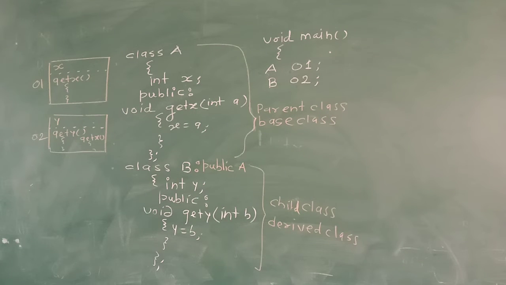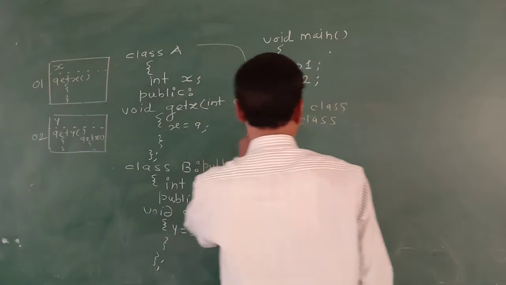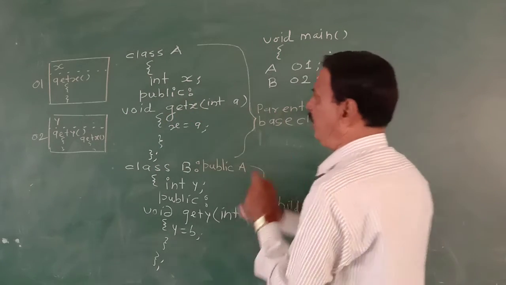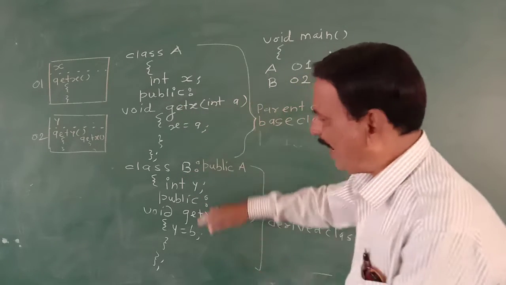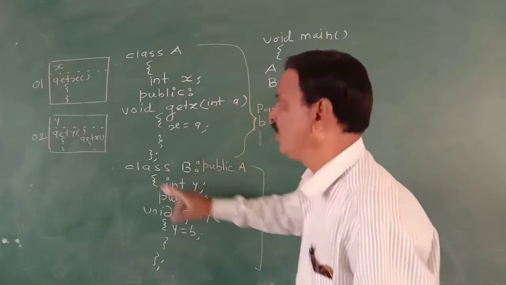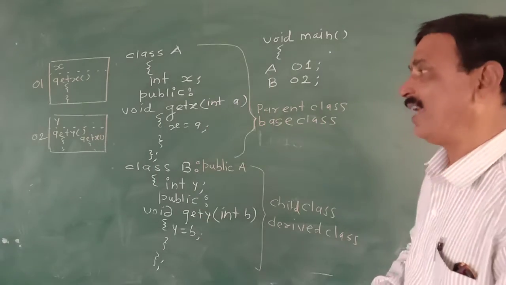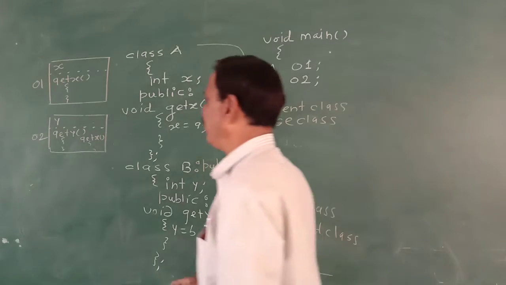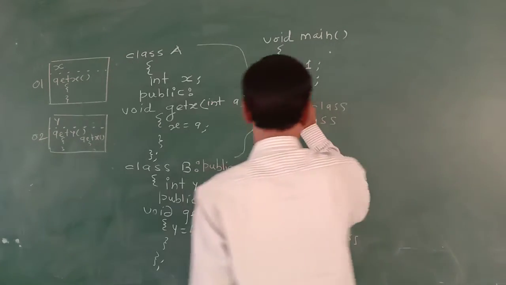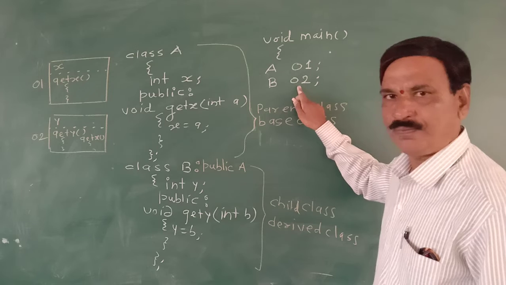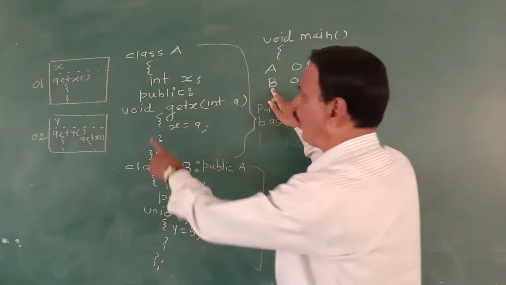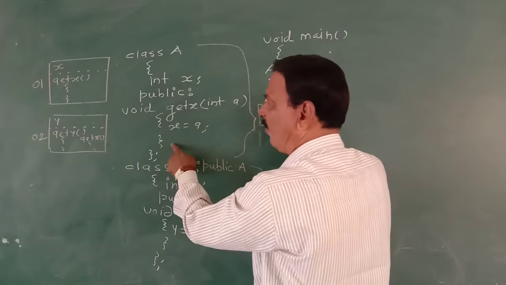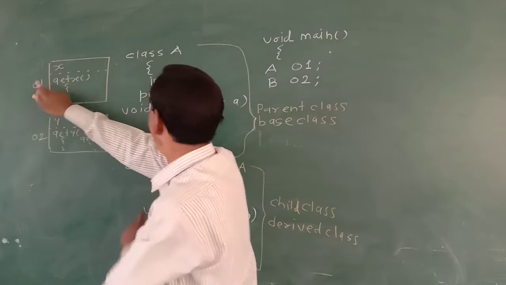As class A is declared as parent class or base class, its property is available in class B. We are not seeing it here, but it is available, and hence we can say the object of class B, O2, acquires the property of the object of class A.